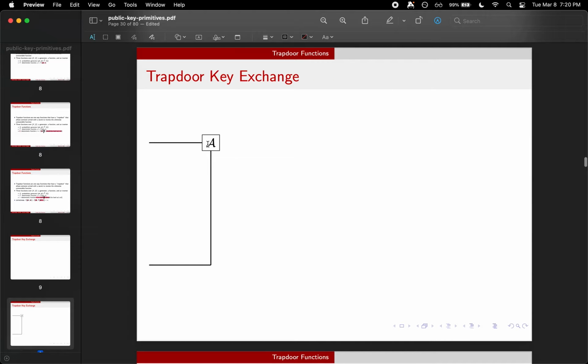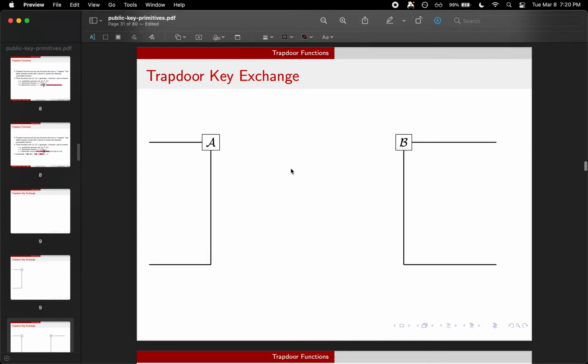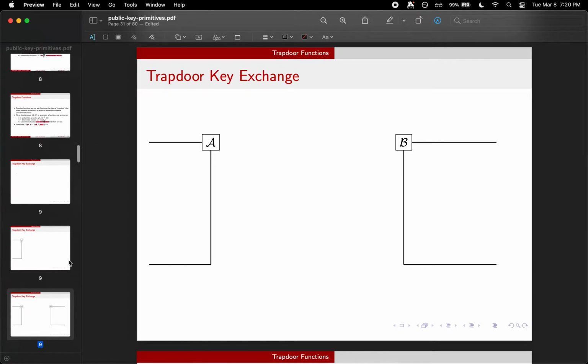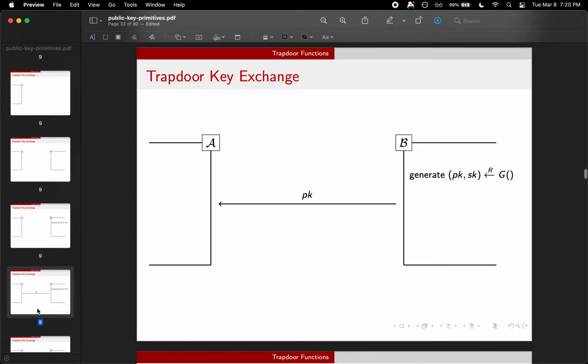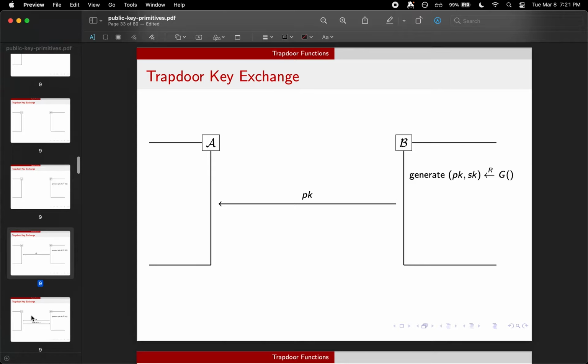So we have Alice, and we have Alice's friend Bob. Bob first generates a public key and a secret key using the trapdoor function generator. Then Bob sends the public key to Alice. Alice computes the one-way function on the public key and a secret, and outputs the one-way result of that encryption.